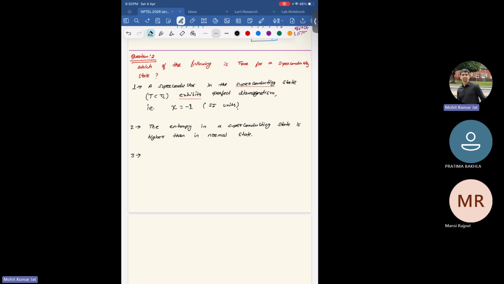Third, the critical temperature Tc is proportional to 1 by square root of m, where m is the mass of an isotope. The fourth option is the relative permeability mu is 1.